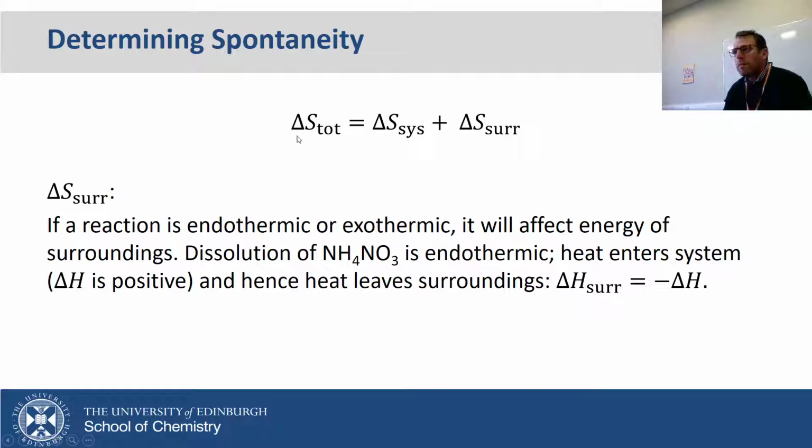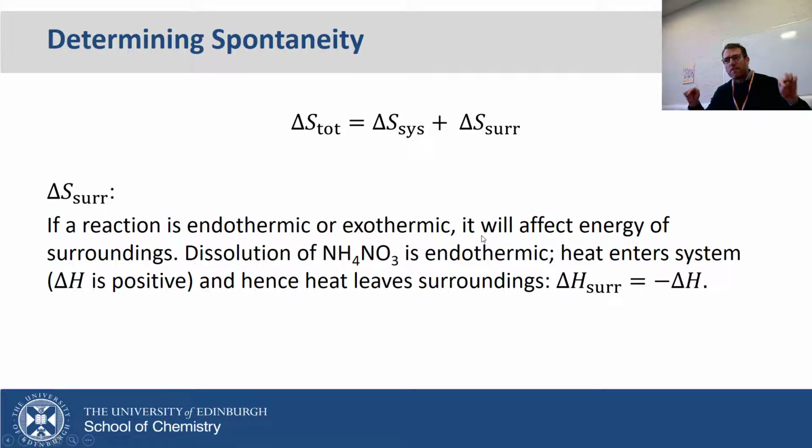So we know from our discussion that the entropy change will be the entropy change of a system plus the entropy change in the surroundings. Well, let's have a look at the entropy change of the surroundings, because obviously this is a little bit difficult to conceptualize. If we have some reaction that is endothermic, for example, it's going to affect the surroundings. It's going to pull in heat from the surroundings.